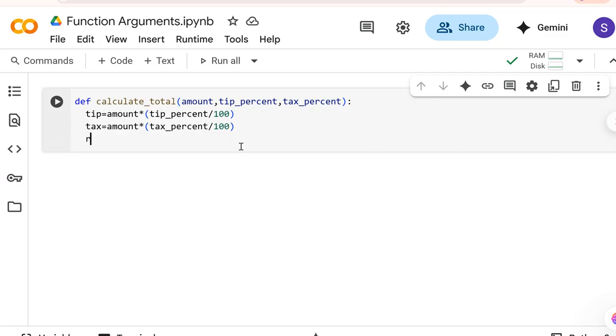So it should return you the value of amount plus tip plus tax.